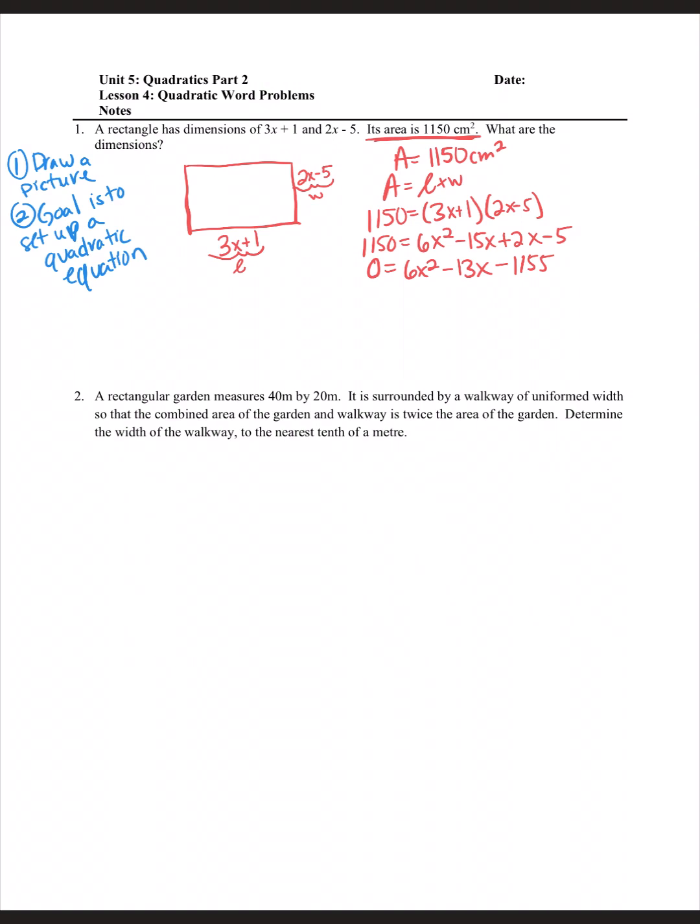Okay, so when we look at this, we have to try to figure out how can we solve this. So we can solve by either factoring or the quadratic formula.